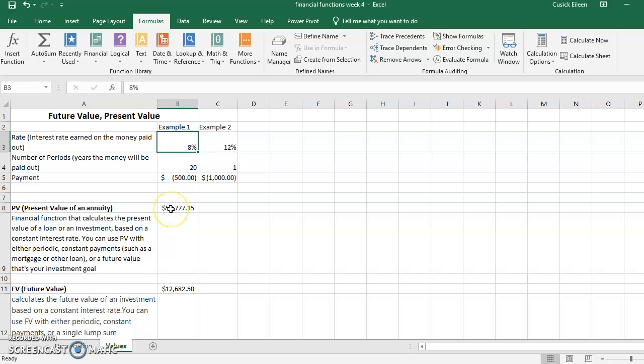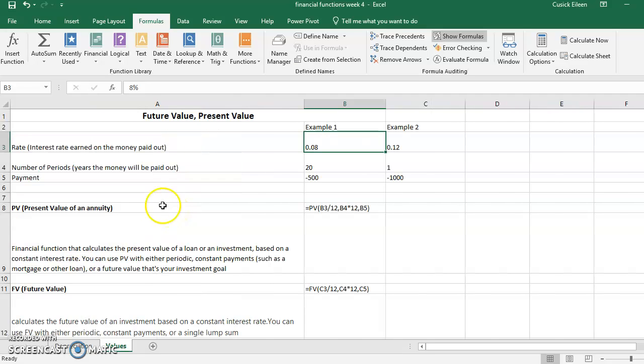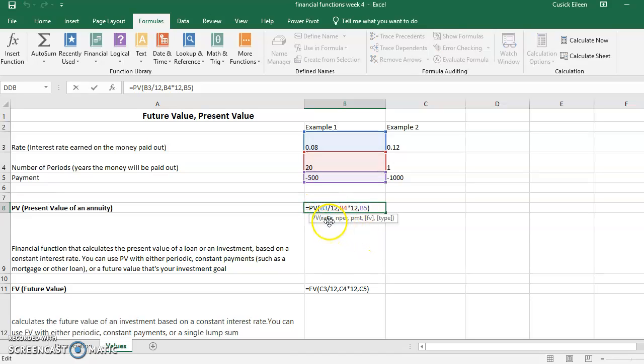If I double click, or go into my formula here, I'm reading my present value formula in cell B8. I have the four items: the equal sign, the function, the parentheses, and now what I'm passing. I have my rate. My rate lives in cell B3, but I'm going to divide it by 12 because I'm going to put money away monthly.